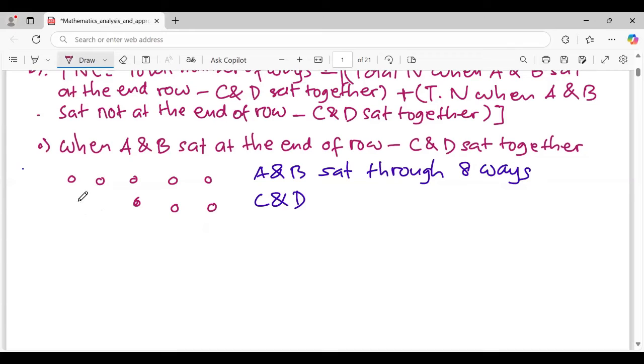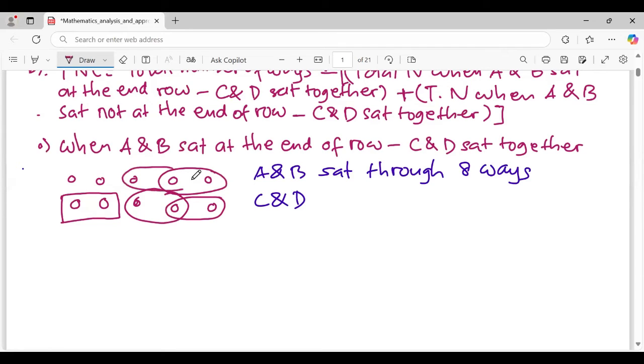If Alvin and Bobby sat here, C and D sat together, and the possible ways are 1, 2, 3, 4, 5, 6. So there are 6 ways.